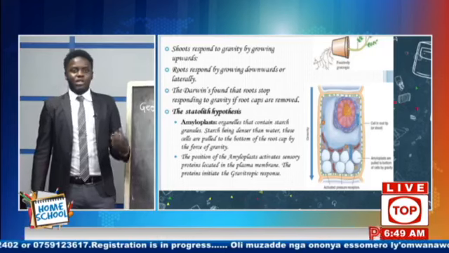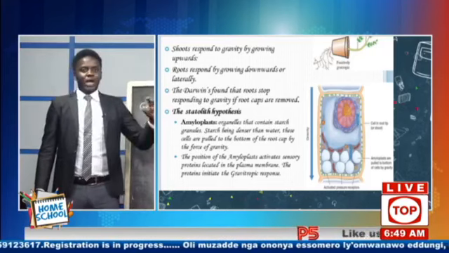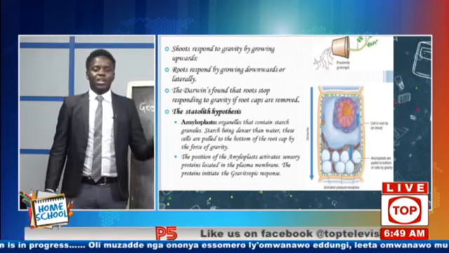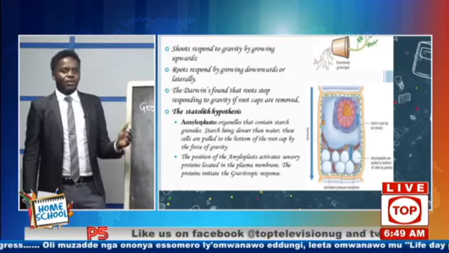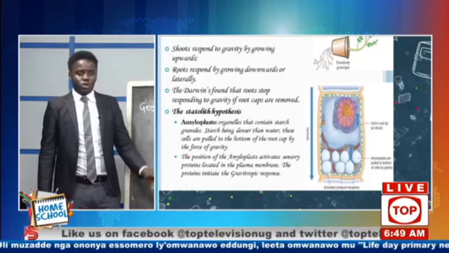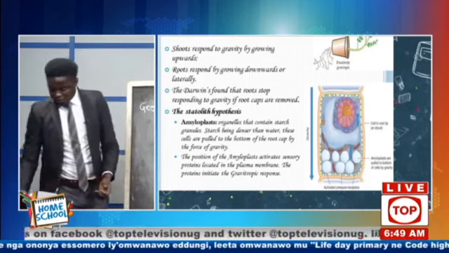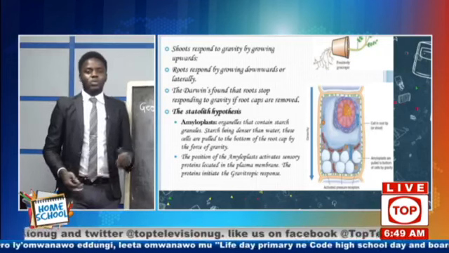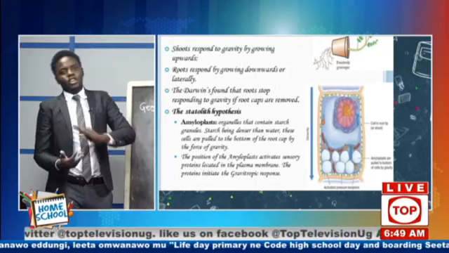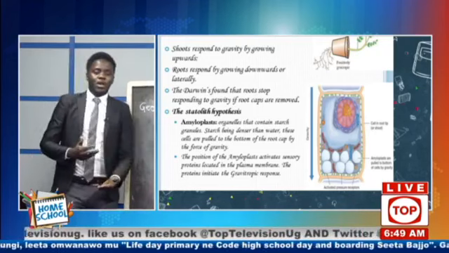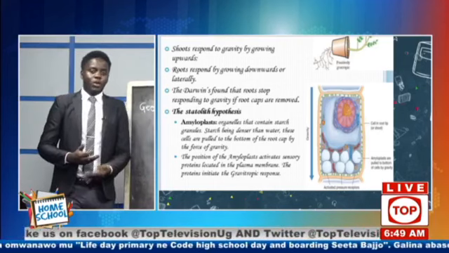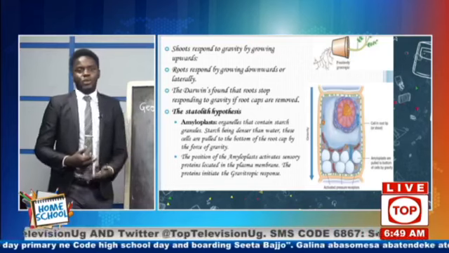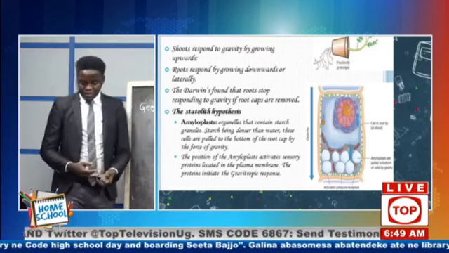The hypothesis tells us that the distribution of the amyloplasts is what activates these sensory receptors, and these receptors in turn determine how auxin distribution is going to be achieved. That is what we see there, that the distribution of auxin is going to depend on which side is down and which side is up, depending on the location of the amyloplasts and the pressure receptors that have been activated.